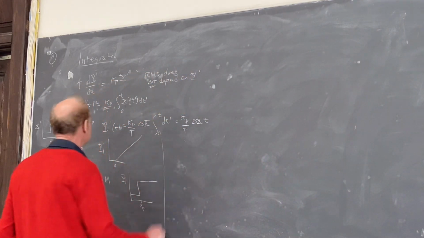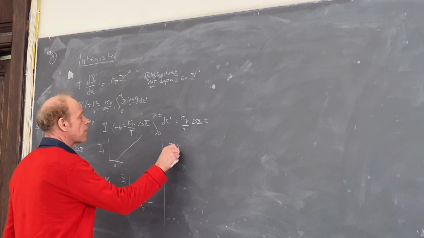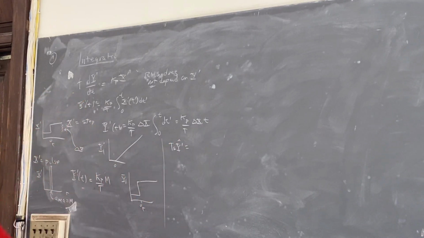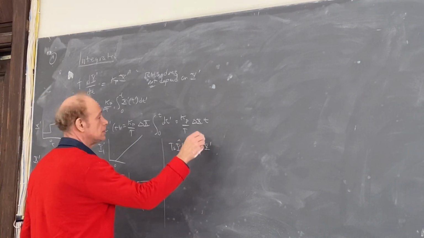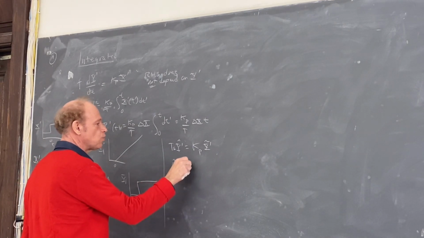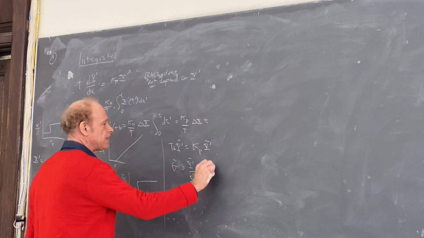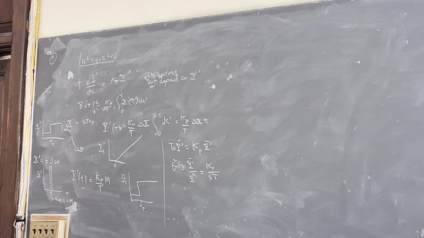And let's just notice, let's Laplace transform. So I have t y prime tilde times s is equal to kp x prime tilde. So I have g tilde, which is y prime tilde over x prime tilde, is kp over st. And let's see what we can do with this.